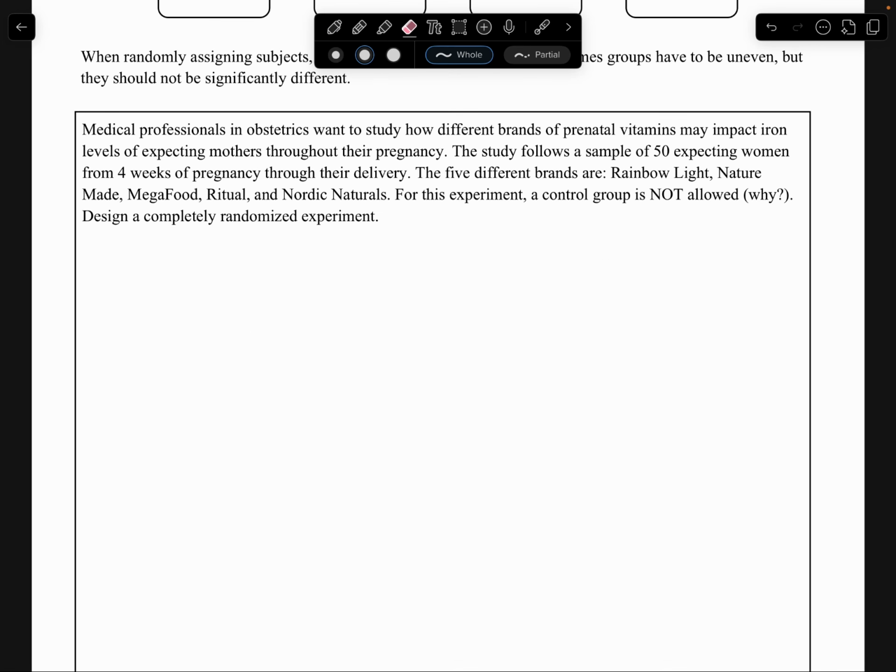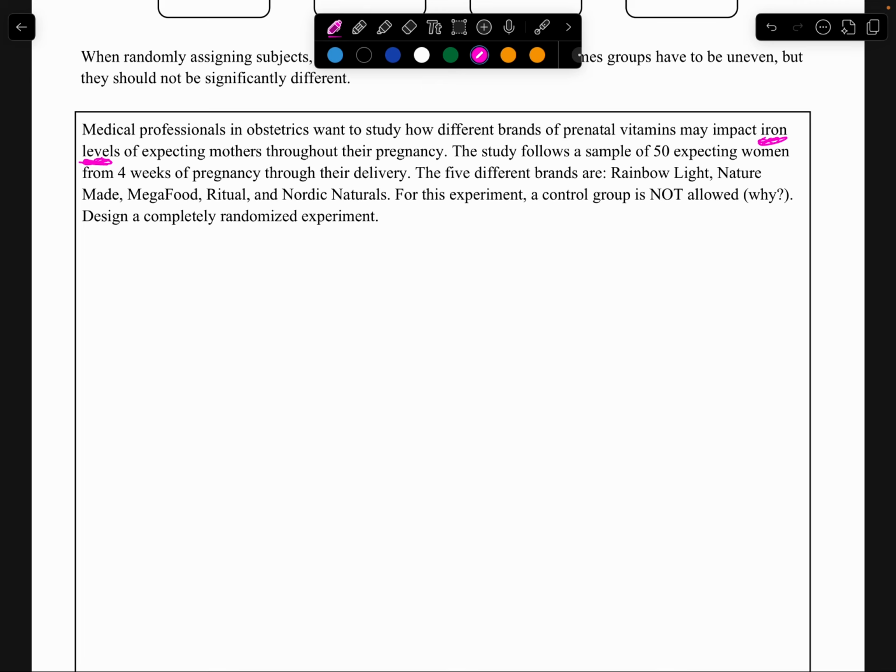So medical professionals in obstetrics, where pregnant ladies are waiting to have their babies, want to study how different brands of prenatal vitamins may impact iron levels. So we're studying iron levels. That's the variable we want to study, of expecting mothers throughout their pregnancy.